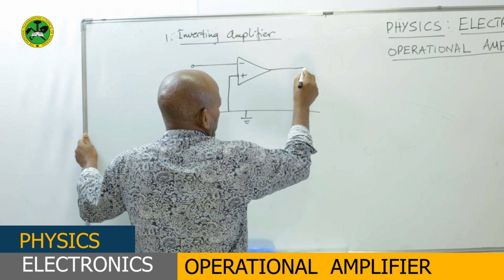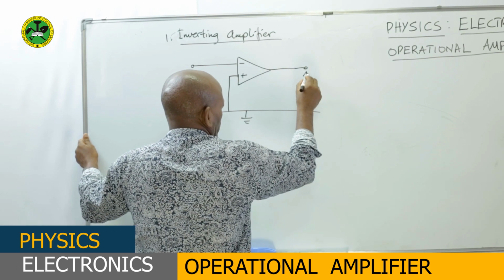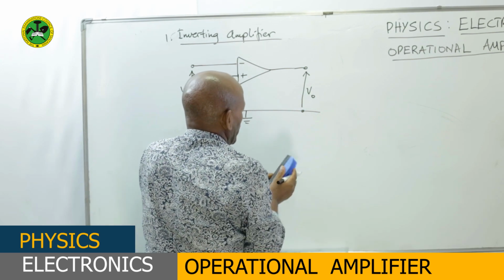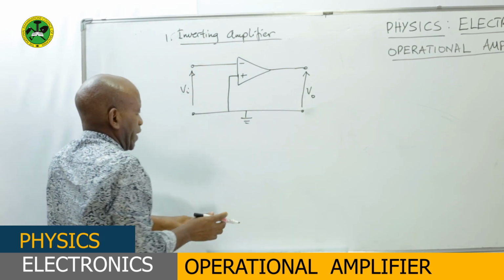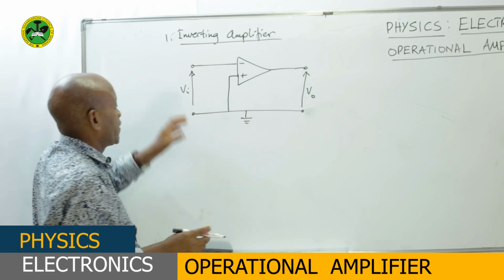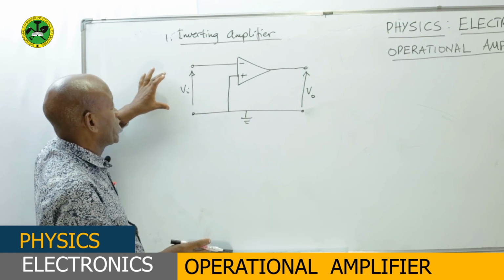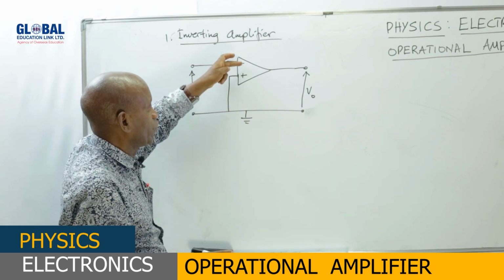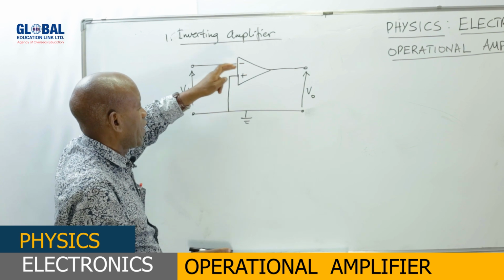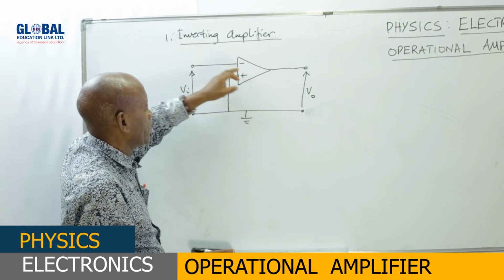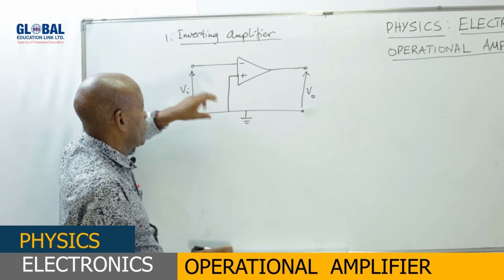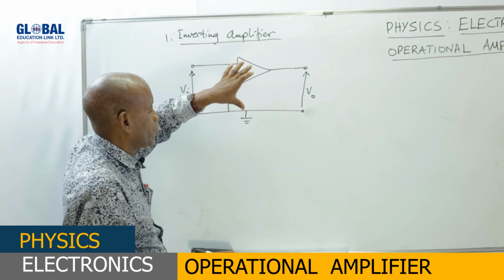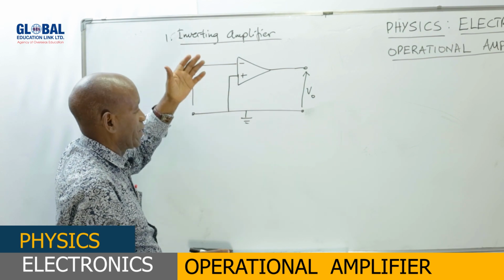And the output terminal is where we get an output voltage or signal. So the signal which comes here goes onto the inverting terminal, and the non-inverting terminal is earthed. So the signal which goes through the operational amplifier will be inverted.